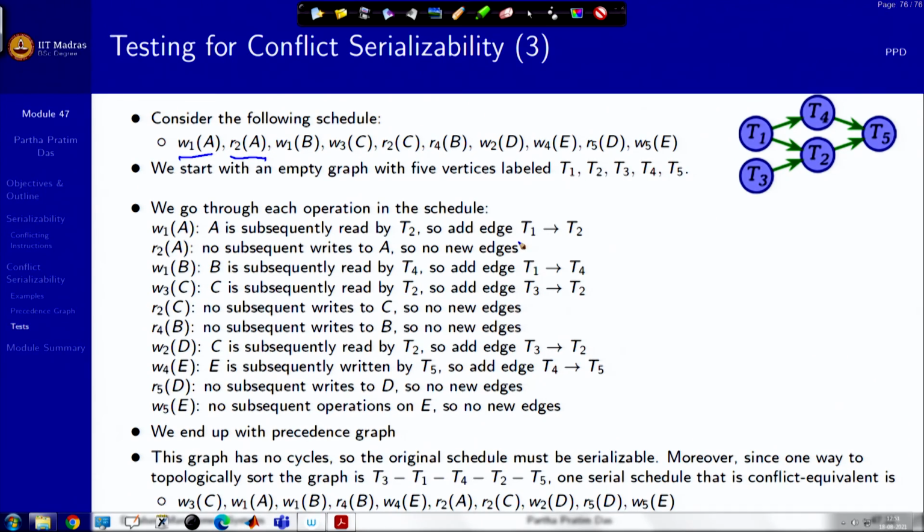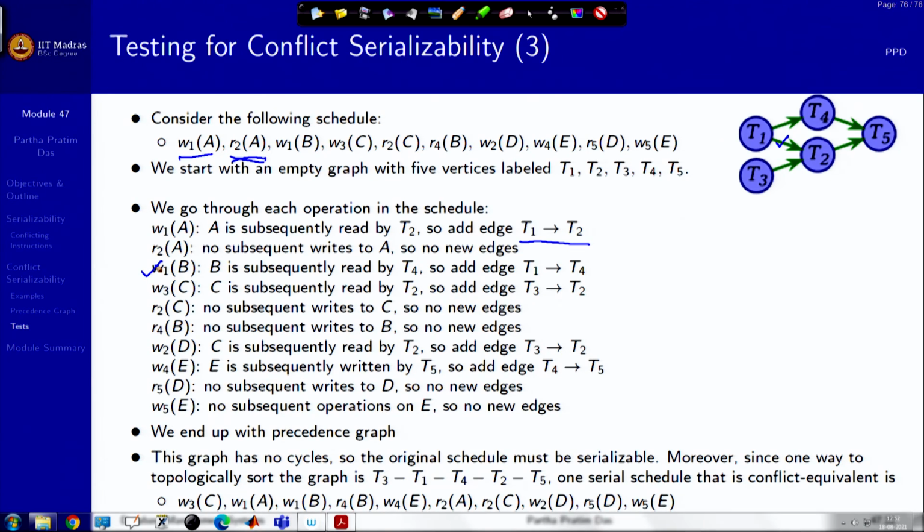So, we will have an edge T1 to T2. Whatever T1 writes is what T2 reads. So, T1 has to write first. So, that gives you this edge. We go to R2. There is no further reference of A. So, this has no effect.